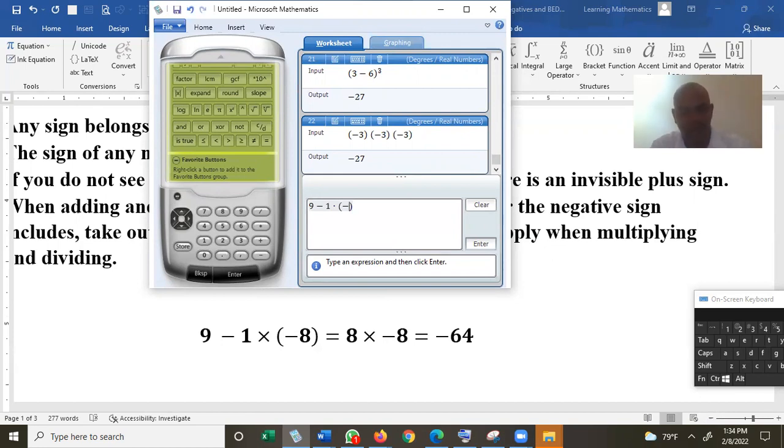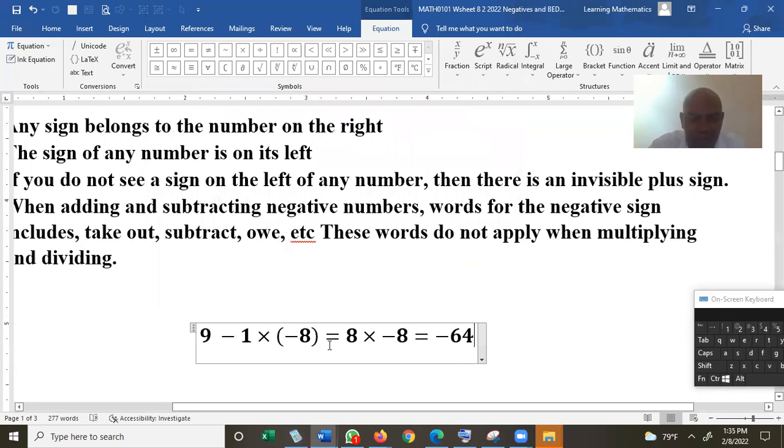What you got? 17. So what I just did there is wrong. Why is it wrong? I get 17 also. What did I do wrong? I said 9 minus 1 is 8, and then I multiply to negative 8.